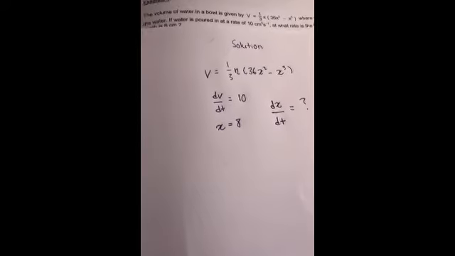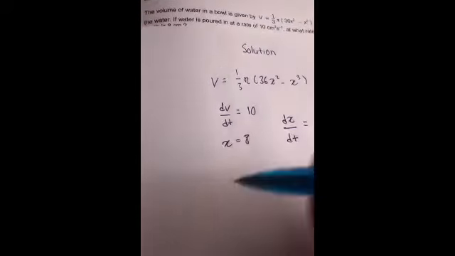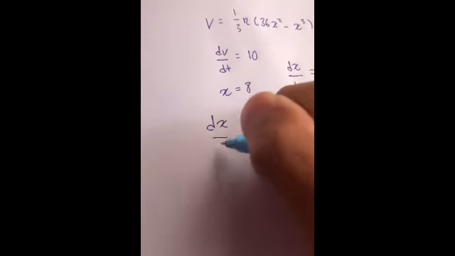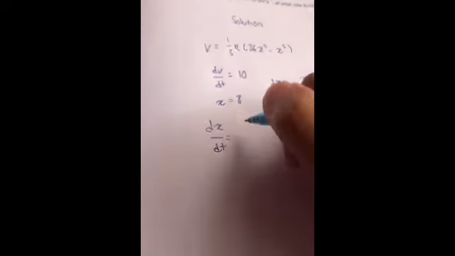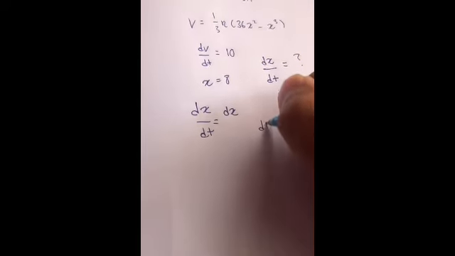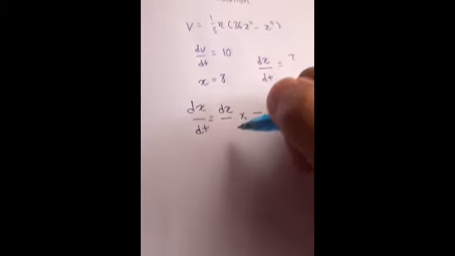After that, we must write our chain rule. What we want to find is dx over dt, and of course it equals dx over dV multiplied by dV over dt.